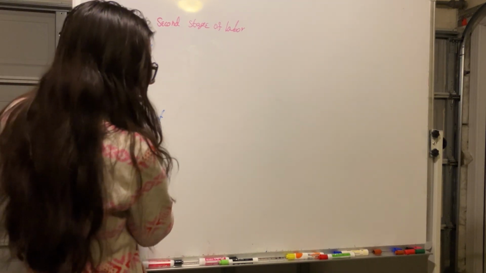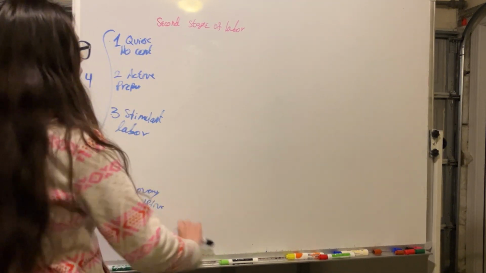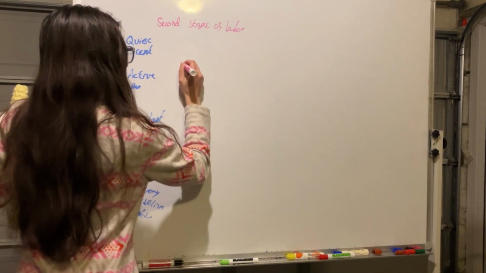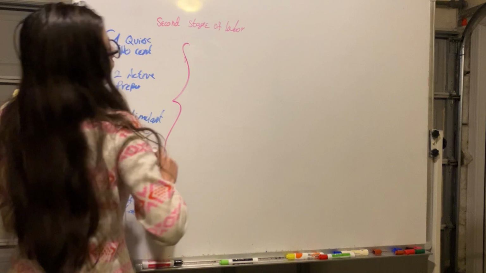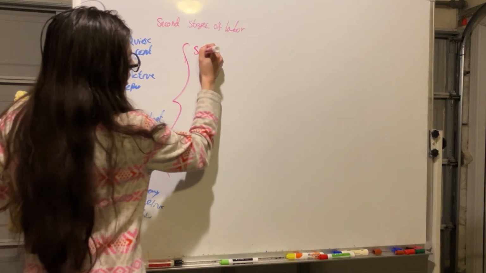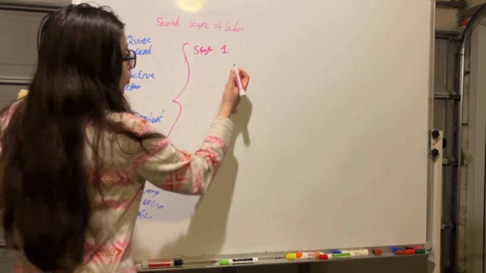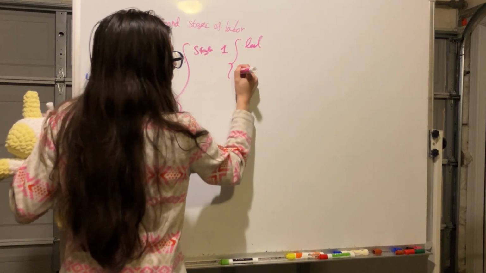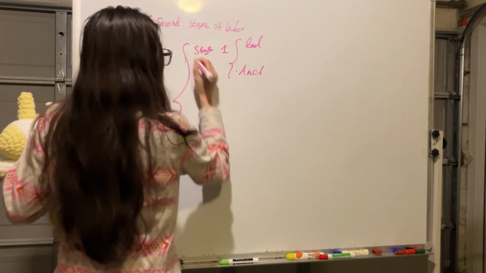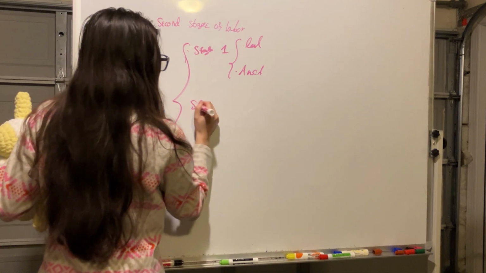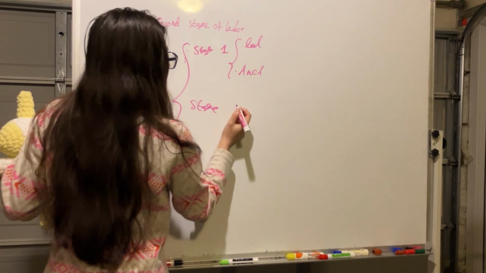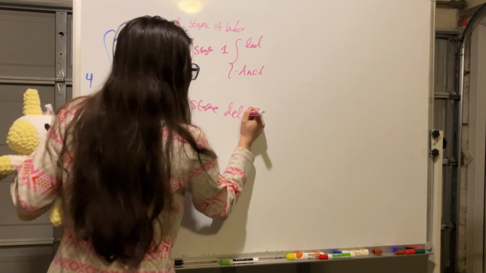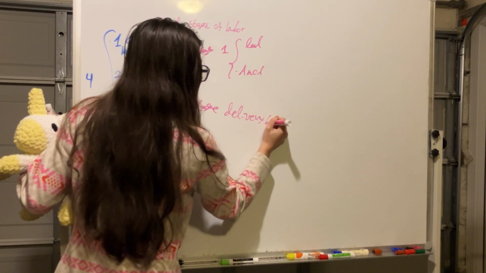And so now in phase 3 of the uterus, which is the labor phase, we have 4 stages. Stage 1, which we reviewed in the previous video, has a latent phase and an active phase. Then we have stage 2 of labor, which is basically the delivery of the baby.